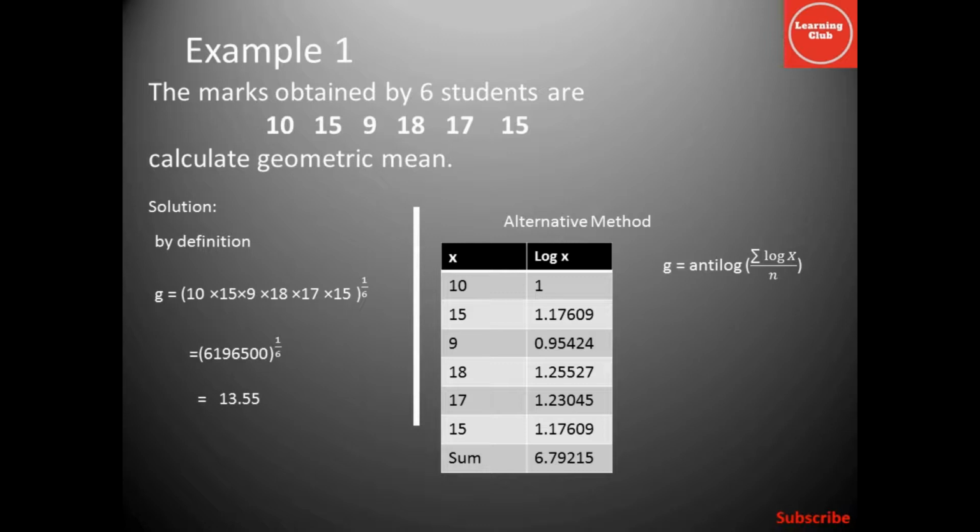When we take the sum of these 6 log x values, we get 6.79215. Putting the value in the formula, the answer is again G is equal to 13.55. So whatever method you use to calculate geometric mean, the answer will be the same.